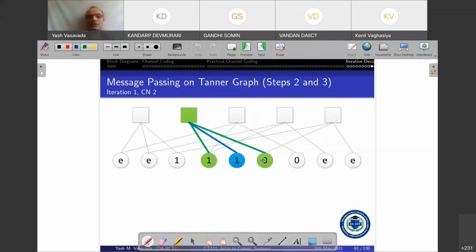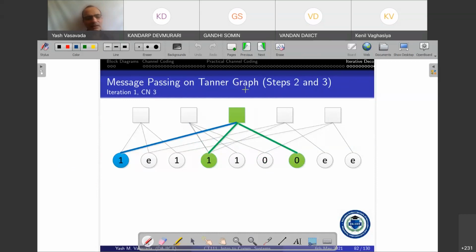Okay, so the same scheme is shown here for another example where the CN3 is going to be able to unerase VN1. Why? Because the other two VNs that are connected to it, they both are not erased.